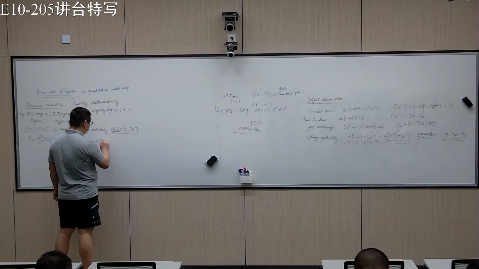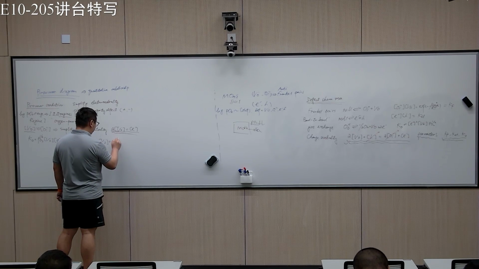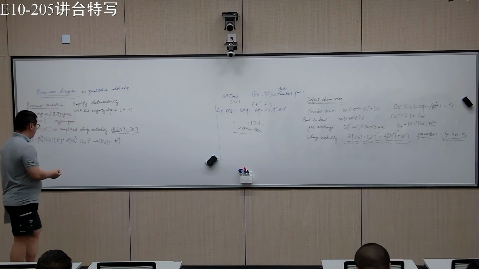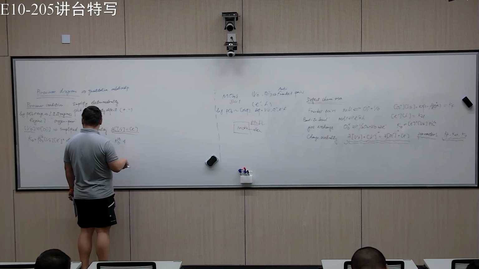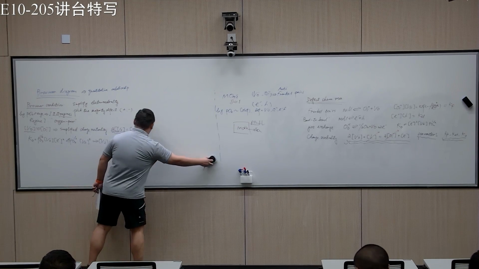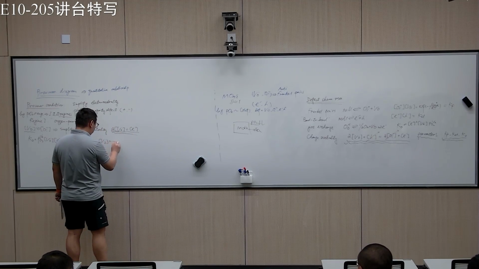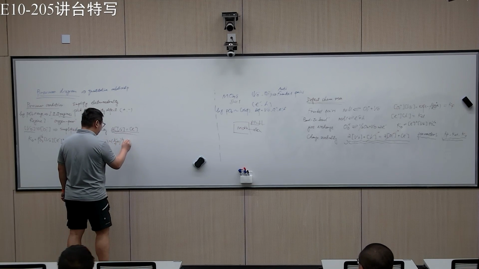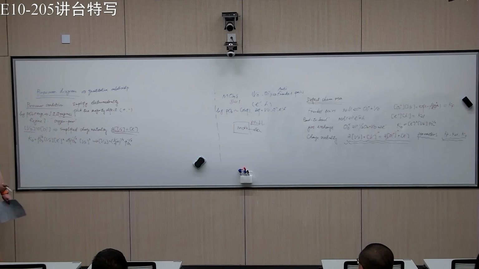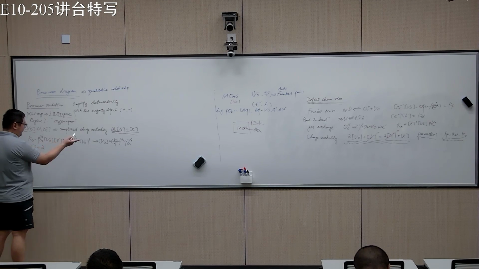Then we basically have the oxygen vacancy concentration as somewhere like Ko to the 1/3 times PO2 to the minus 1/6. Then of course the electron concentration is basically 2 times that one.